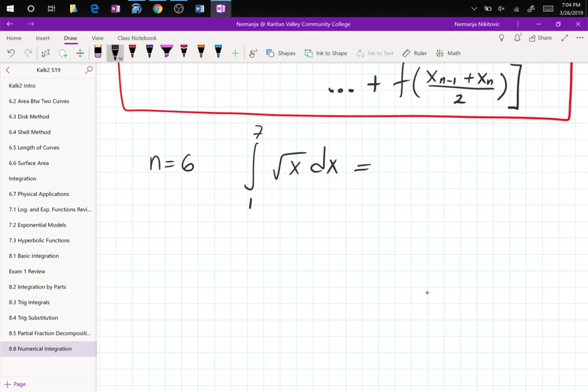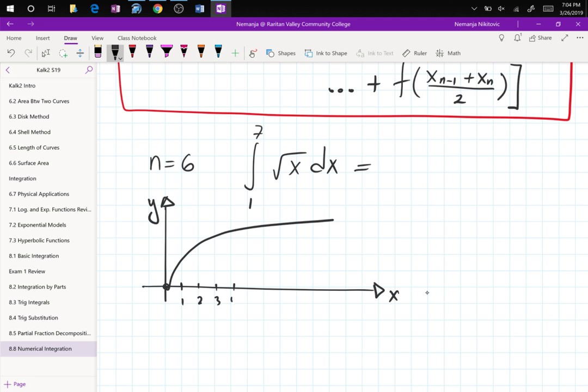Alright, so we draw our square root. We start at 1, 2, 3, 4, 5, 6, and 7. So we are interested in this area here. Now let's say that for some reason we are not able to integrate square root of x. So in that case, we partition this, and then we can use the midpoint to try and figure out this area.